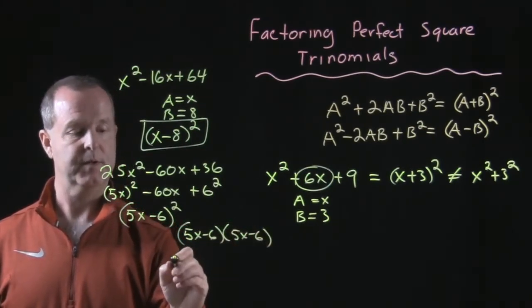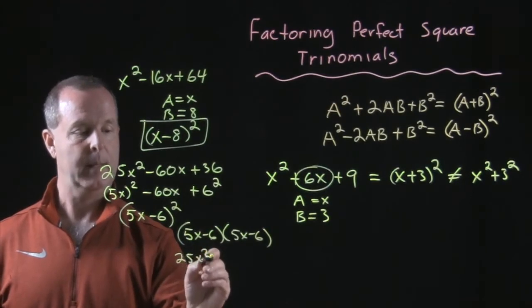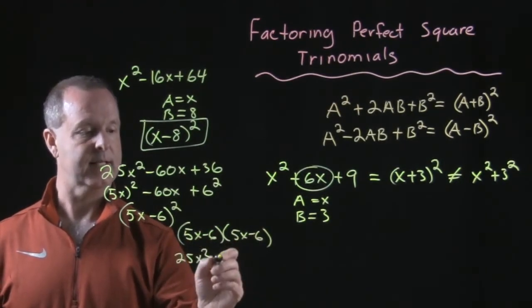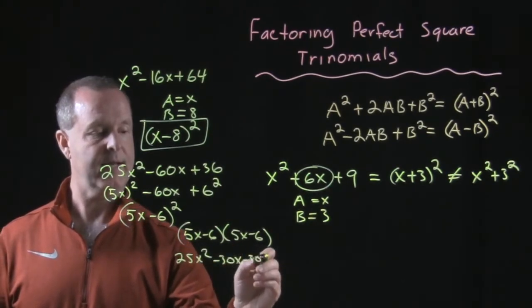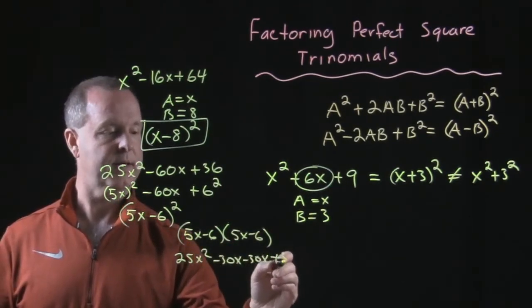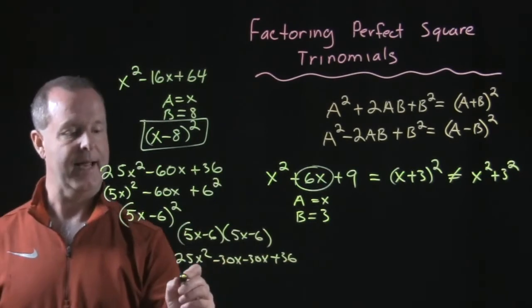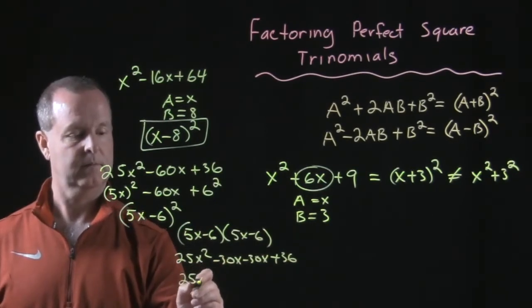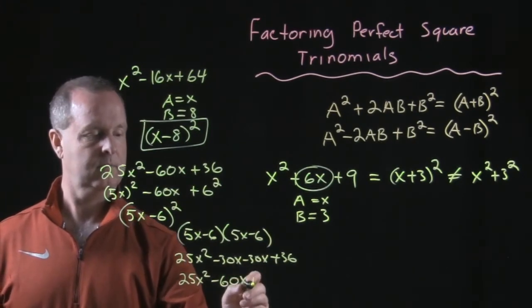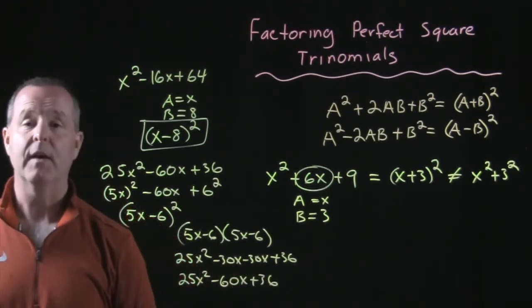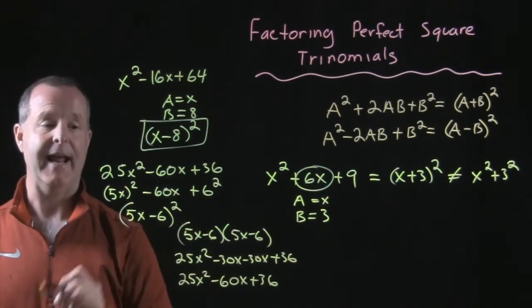First times first produces a 25x squared. Outer terms is a negative 30x. Inner terms is a negative 30x. Last terms is a plus 36. Collect my like terms. And there you have it. That is the check that I had right there.